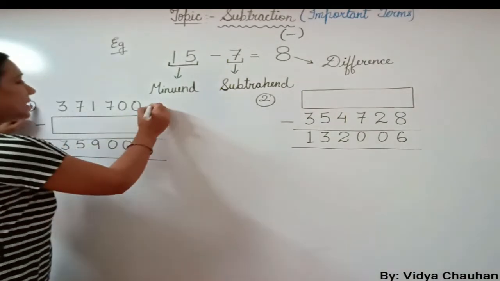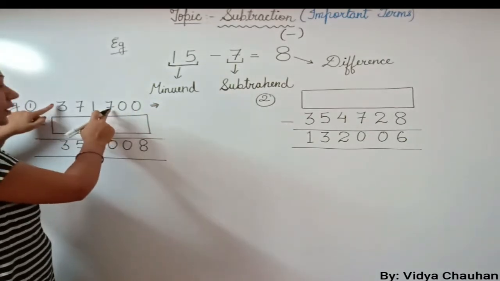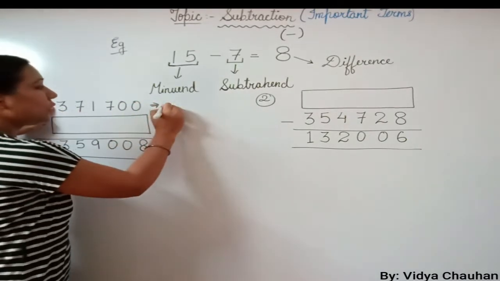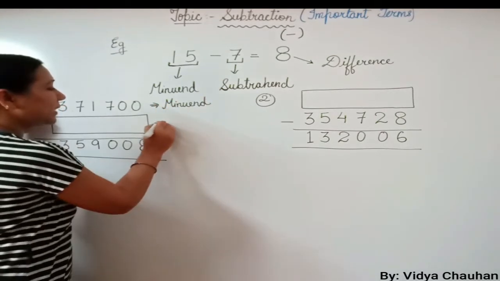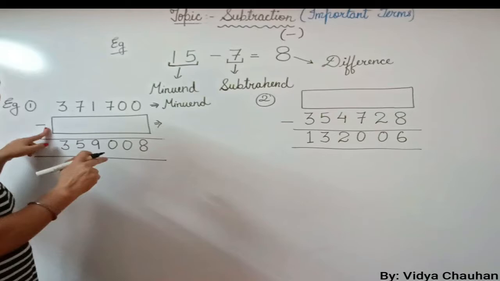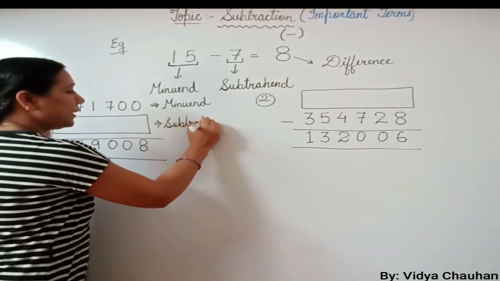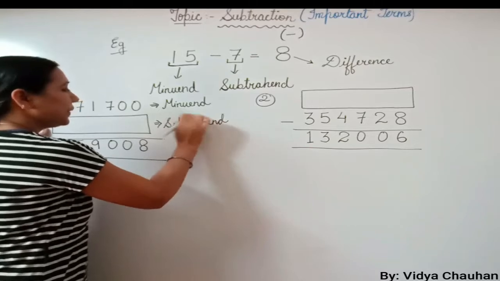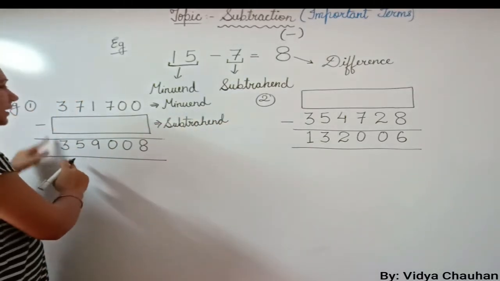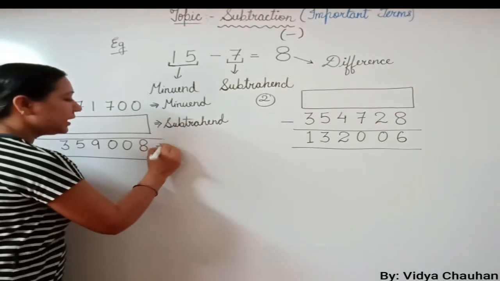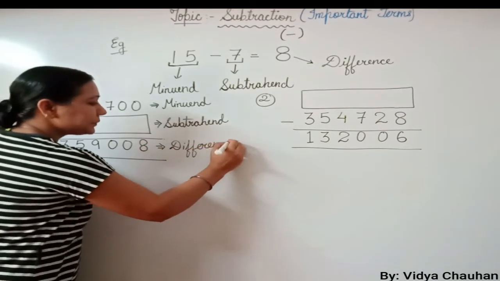The number at the top is called the minuend. The second number which is to be subtracted is called subtrahend. And the last, the final answer after subtracting these two values, is called our difference, which we have already discussed.